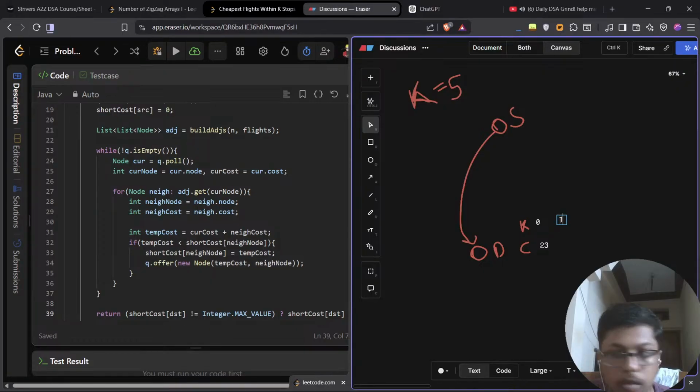Then at 1 it is 70, and at 2 it is saying that the cost is 10. Let's keep k equal to 3.